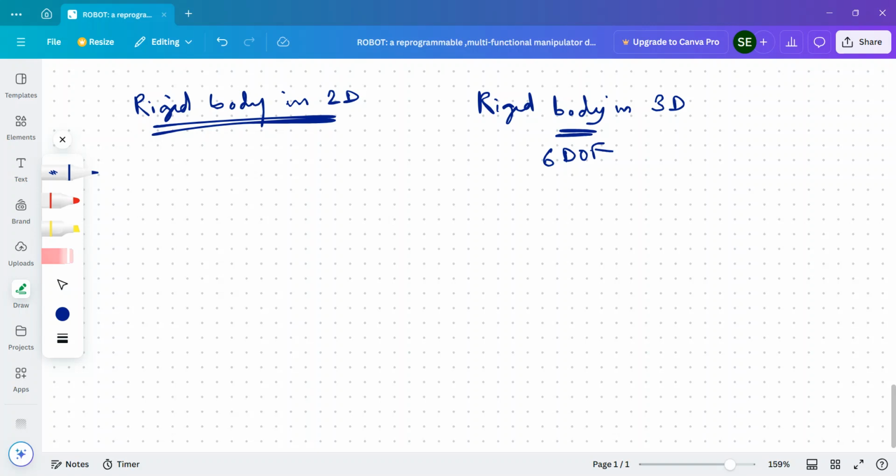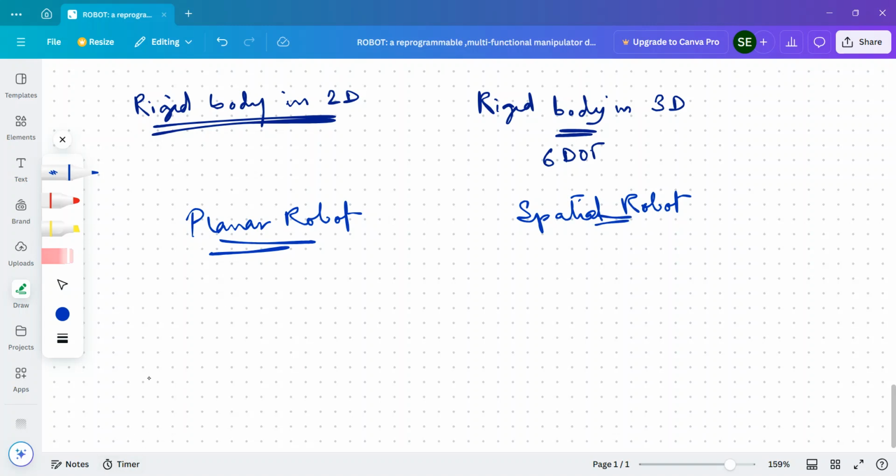And the degrees of freedom of a planar robot and a spatial robot. I have explained previously what a planar robot is and what a spatial robot is.